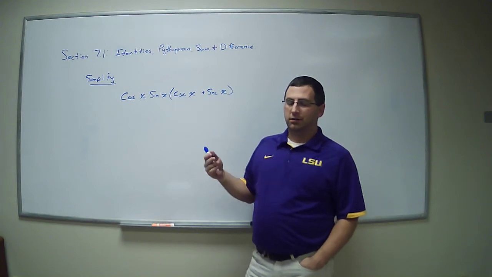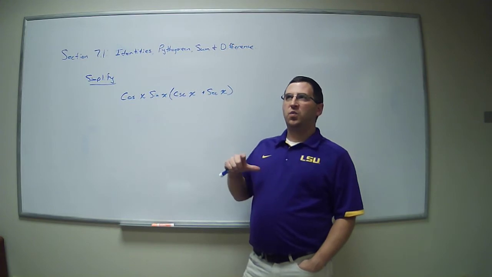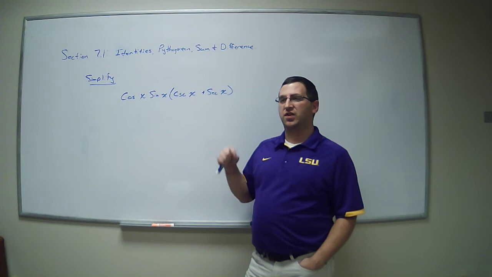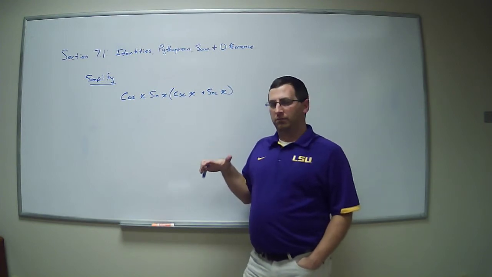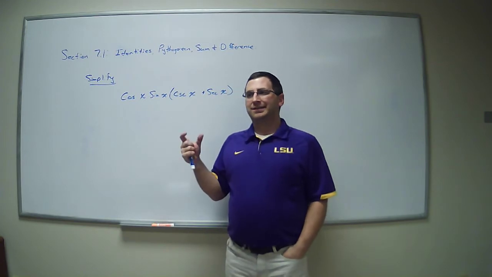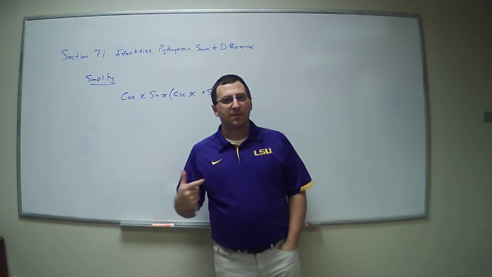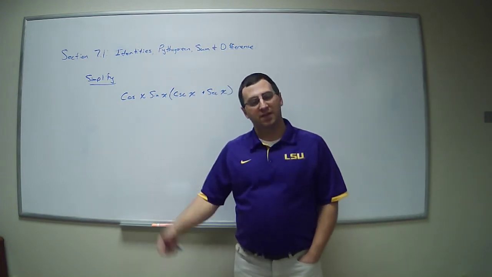All right? So, just kind of a little heads up. When you don't know when you're done, do you have only sines and cosines in your answer? If you do, more than likely you will not have to go any further. If you don't, kind of double check your answers, because most of the time when you simplify and reduce identities, they can be reduced into terms of sines and cosines.